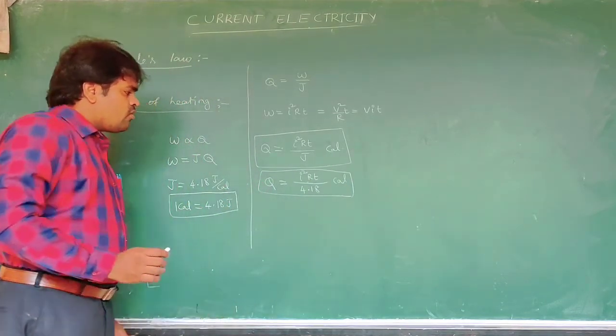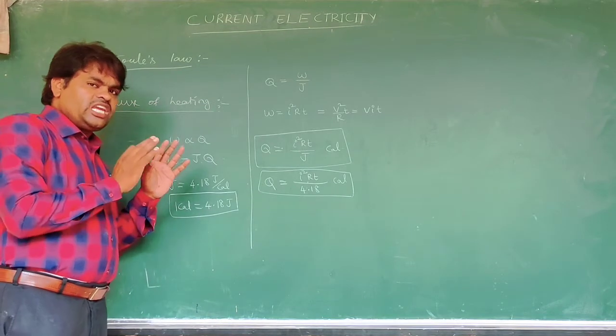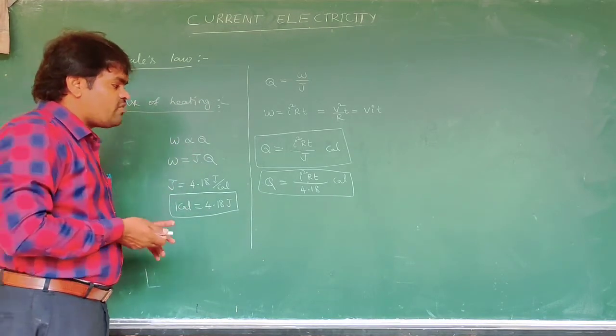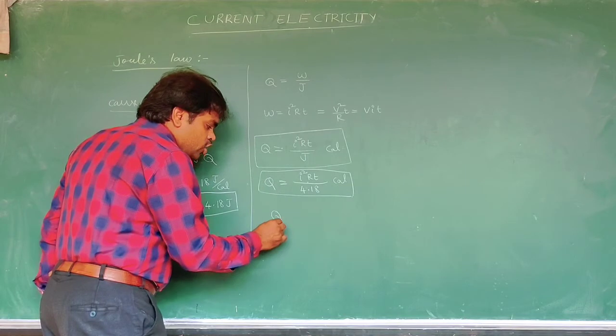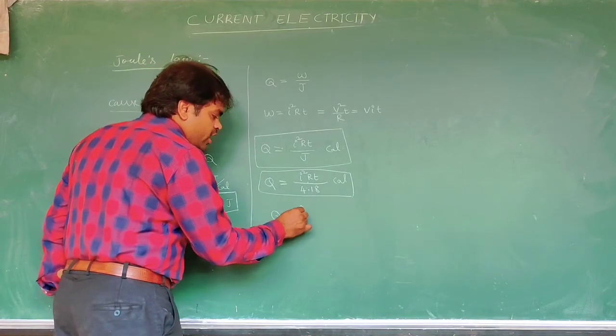For example, if this heat energy is expressed in terms of Joule, that is, Q is equal to I square RT.